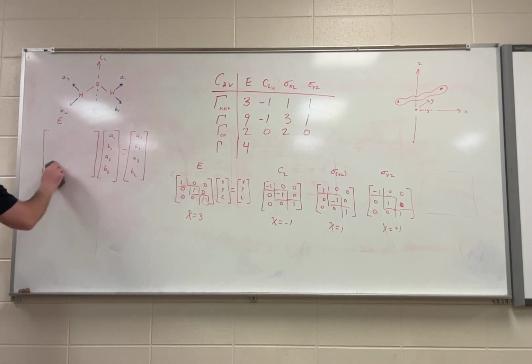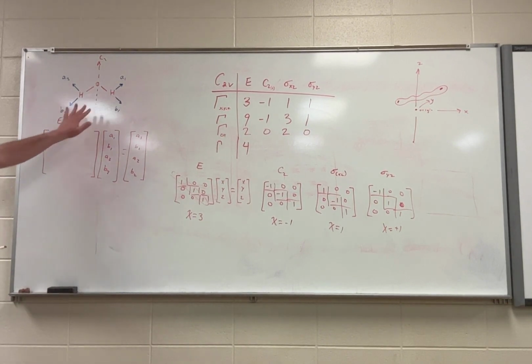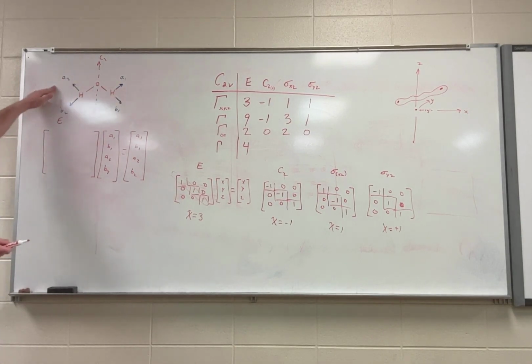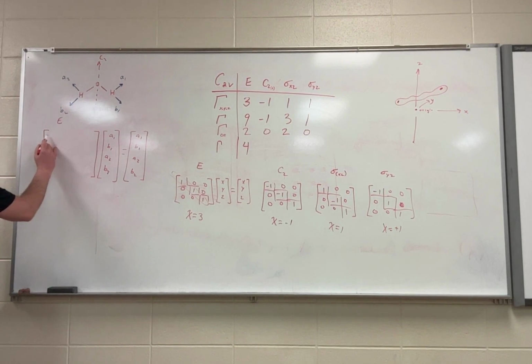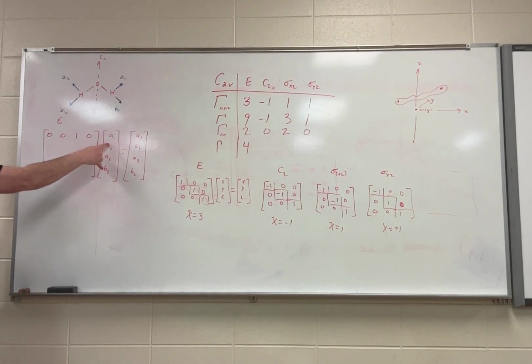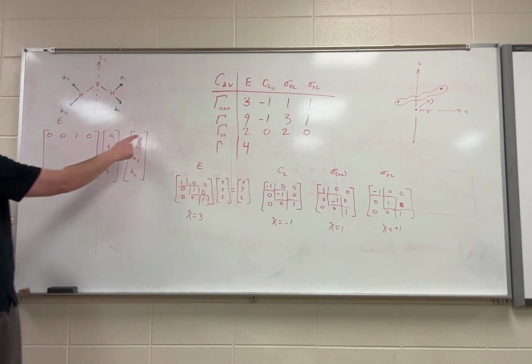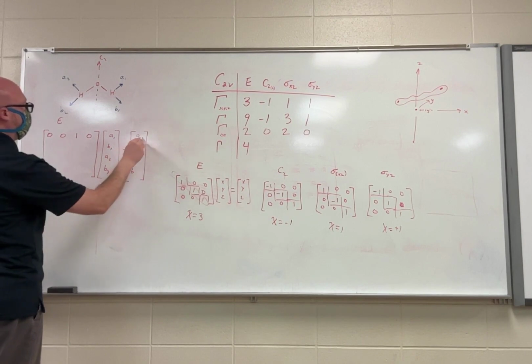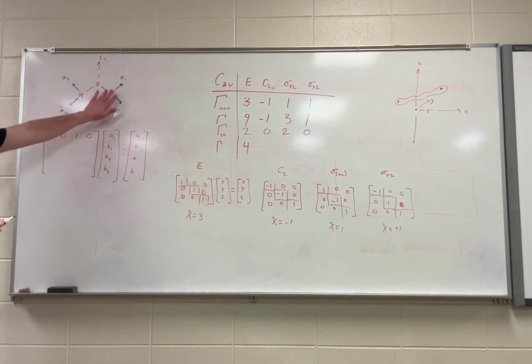This will be a little trickier. So let's take C2. Notice C2 is going to exchange the positions of the hydrogens, so that A1 would go to A2 and create an off-diagonal term. So I would generate a 1 here, so that this row, when multiplied into the column, gives me an A2, which is what happens when I perform C2.